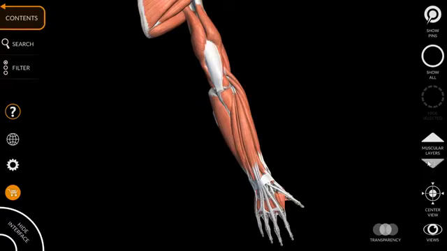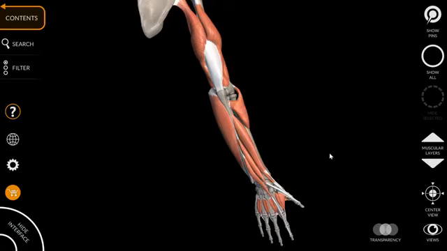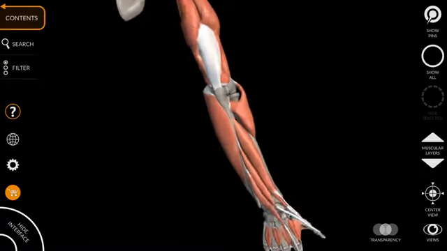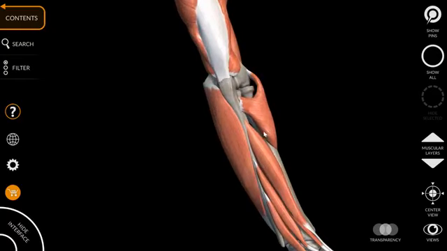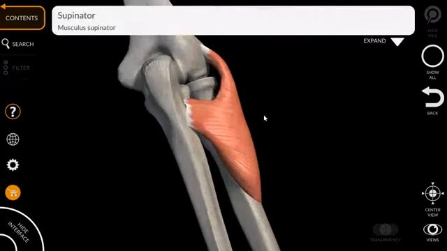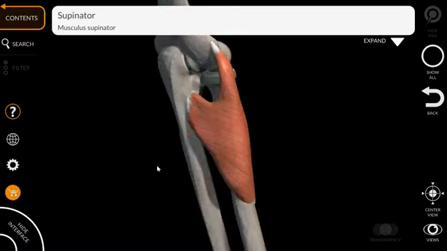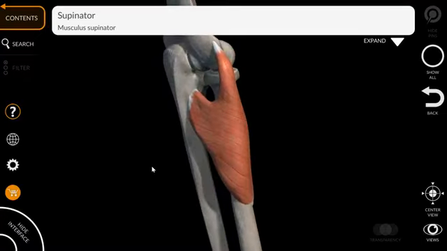Now I am going to remove the muscles from the superficial layer, and here you can see all the muscles present in the deep layer of the posterior compartment of the forearm. First of all, this muscle is supinator, present in the deep layer of the posterior facial compartment of the forearm.